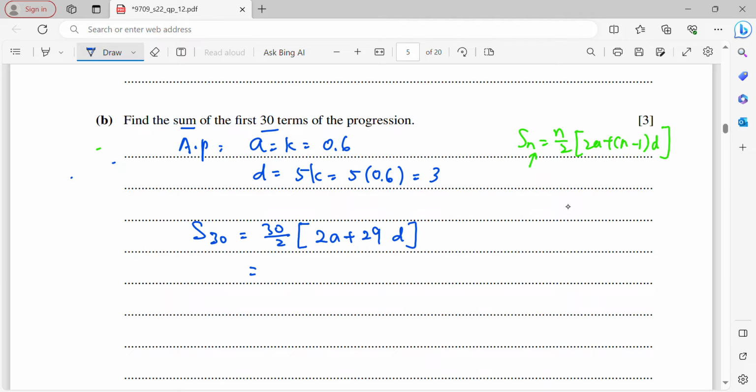So here I will get 30 over 2 times (2 times 0.6 plus 29 times 3). So you will get 1323. This is the sum of the first 30 terms. This is the exact value, so no need to round to 3 significant figures.